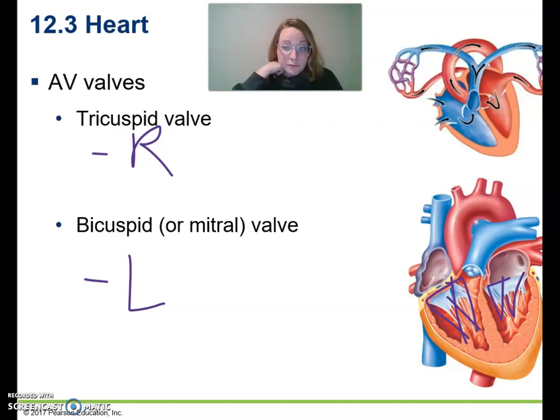Up here, there's the tricuspid. There's the bicuspid. Tricuspid has 3 of those flaps. They've got the heartstrings or the chordae tendineae connected down to these papillary muscles of the heart. So when the ventricles contract, the papillary muscles pull and bring those valves shut.